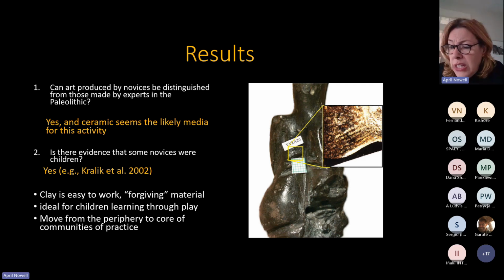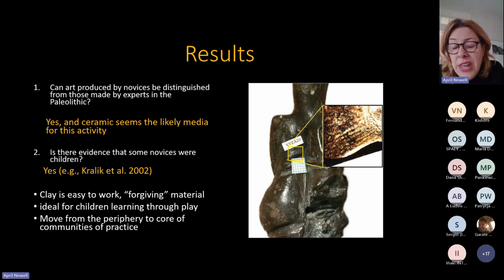There is a lot of good evidence, some of which I've shown today, that allows us to distinguish between two different kinds of craftspeople in the Gravettian, and the sorts of artifacts or art that they're making. So in this instance, ceramics seem to be the type of material culture that is made by novices.